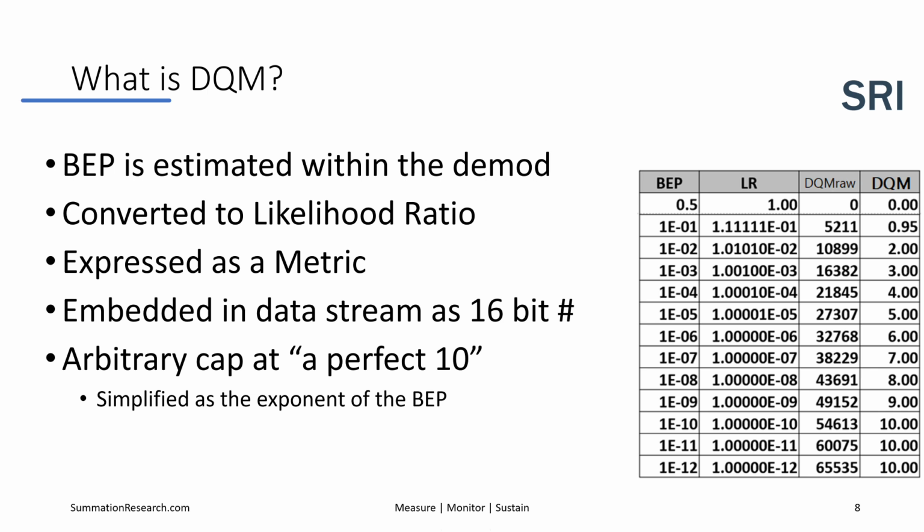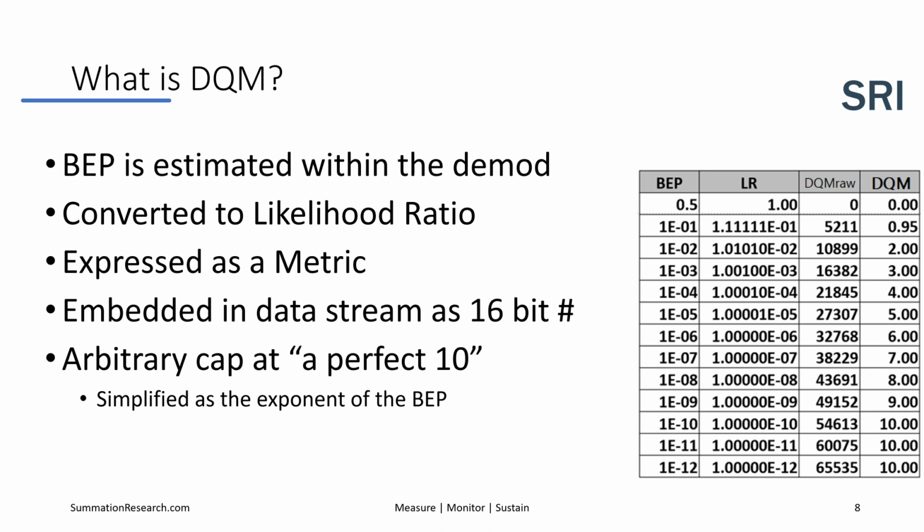DQM is a metric used in telemetry systems to assess the quality of received telemetry data. It is calculated at the telemetry receiver's demodulator, and the process begins with estimating the bit error probability, BEP. BEP is derived within the demodulator and is the starting metric for further calculations.